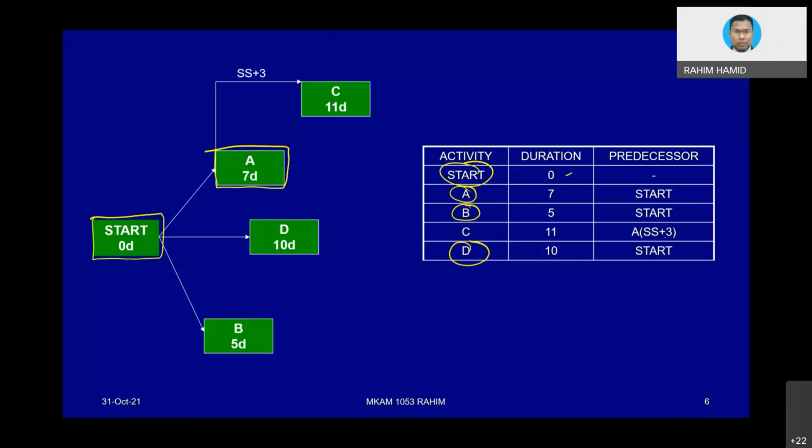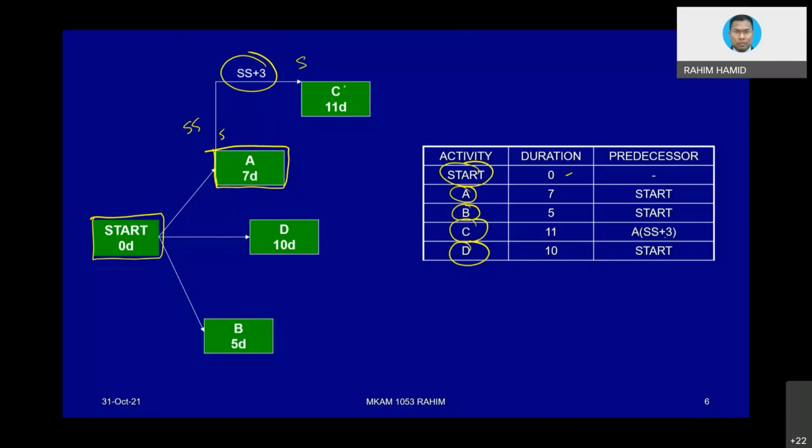Okay, then how about C? C is connected from A, but start to start. So remember, the arrow must come from the left side, which is start, and going into C as a start. Okay, and then we put +3 to indicate that there is a lag of 3 days.